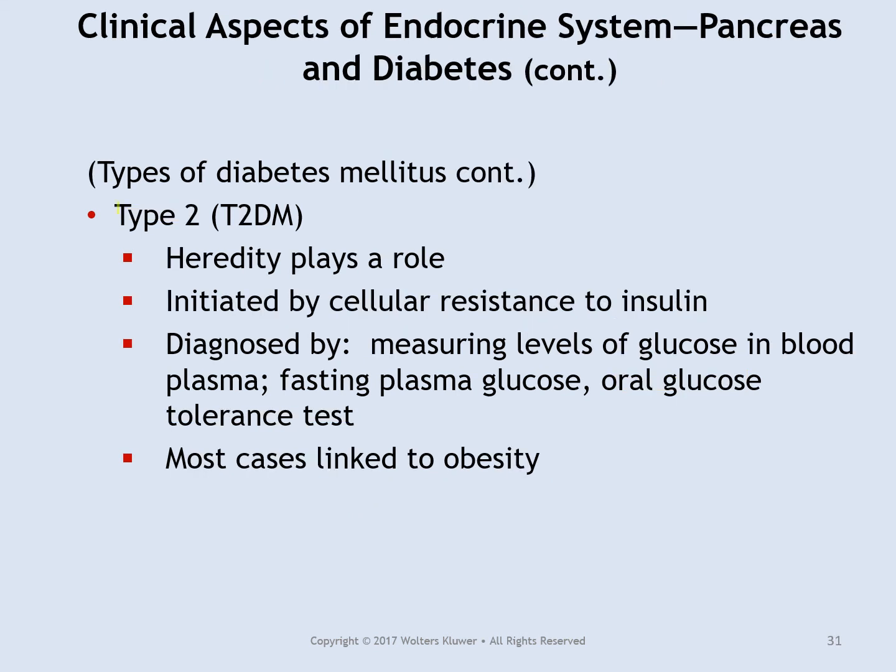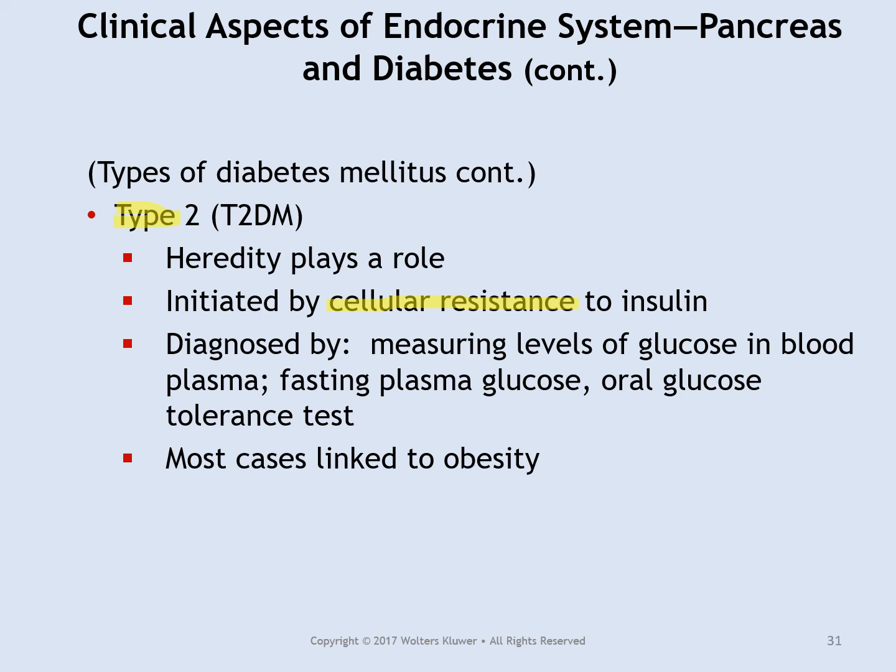Type 2 diabetes is not necessarily the inability to create insulin, but is the target tissue's inability to respond to insulin. So type 1 is a lack of insulin. Type 2 is the resistance to normal levels of circulating insulin.